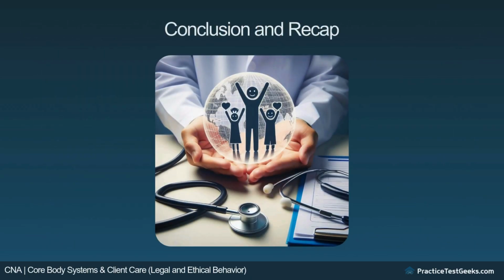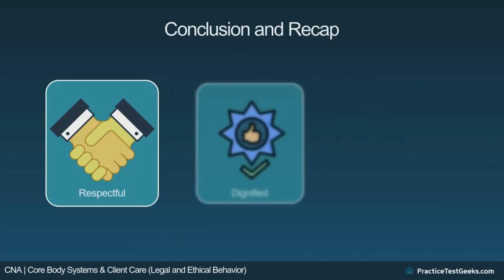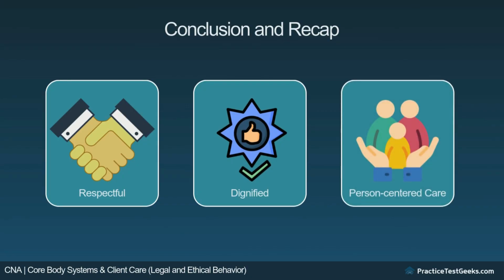Conclusion and recap: this course has equipped you with a thorough understanding of the Resident Bill of Rights and how to uphold these rights in healthcare settings. As a CNA, your role is vital in ensuring residents receive respectful, dignified, and person-centered care.